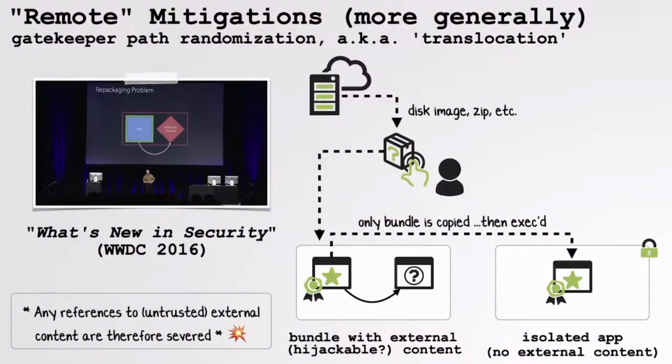So what Apple actually does is, when the user double-clicks on that application bundle, they make a copy of it in a protected, isolated directory. And the key is here, any references then to untrusted external content on that disk image are broken, because Apple has moved just the application bundle and left everything else over here.